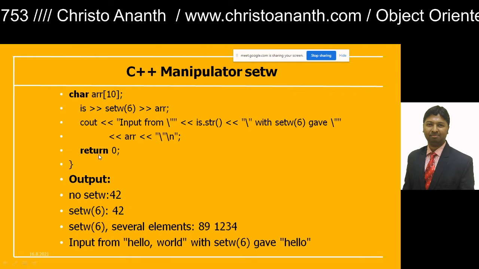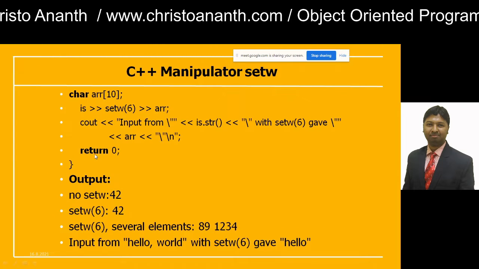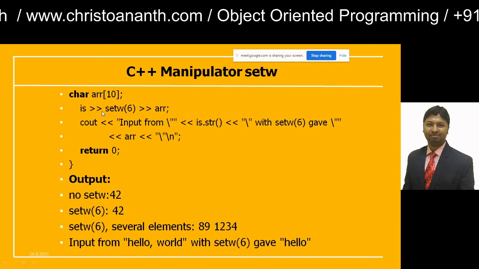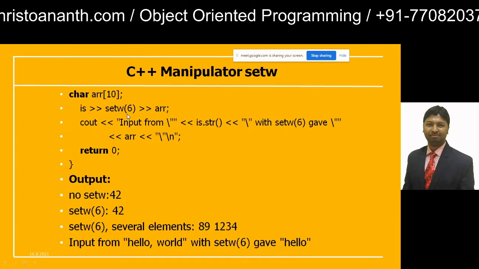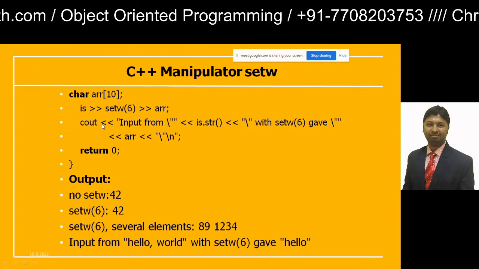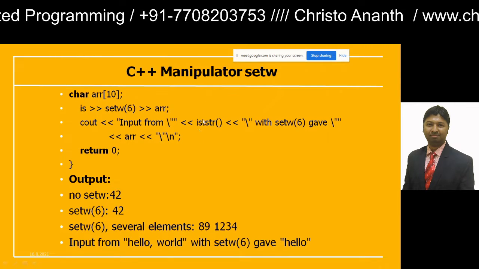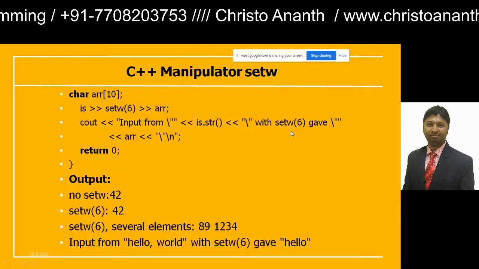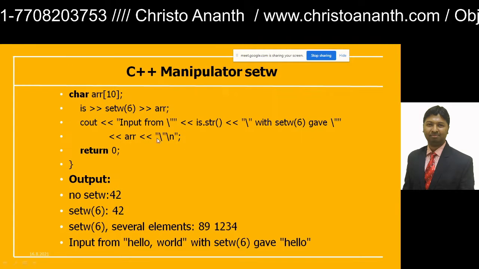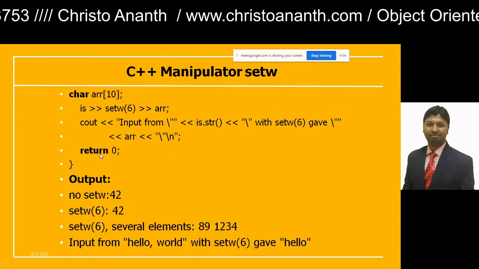After defining all this, you define the array size, a character array, and setw of 6. You're going to print the cout input from, actually the hello world, with setw 6. It is going to print as hello. And it returns 0.